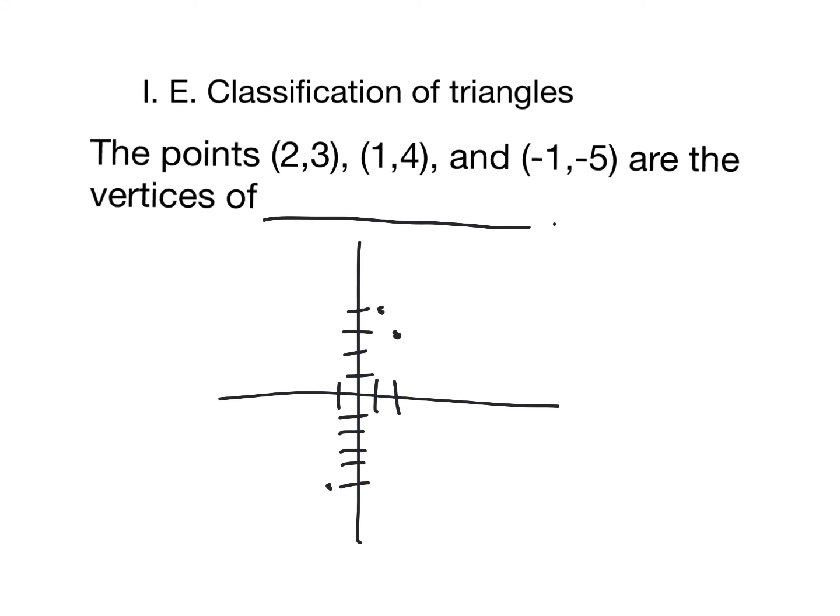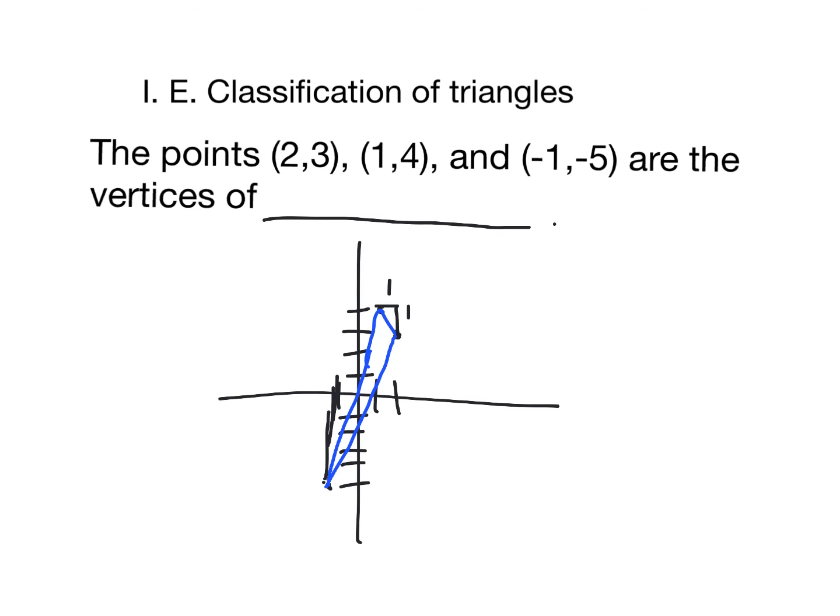I just made these up, so this is not really looking that great, but okay. Probably it's just going to be a scalene triangle. What you could do is construct right triangles and see if any of them are the same or not. Up here, this would just be a 1 by 1 triangle.